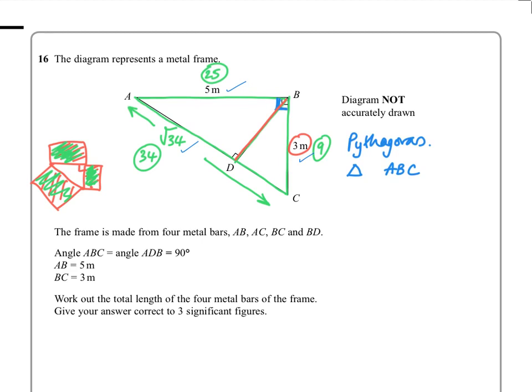So I personally would begin to look at the triangles separate from each other and try and find any clues that can help me find the length BD.